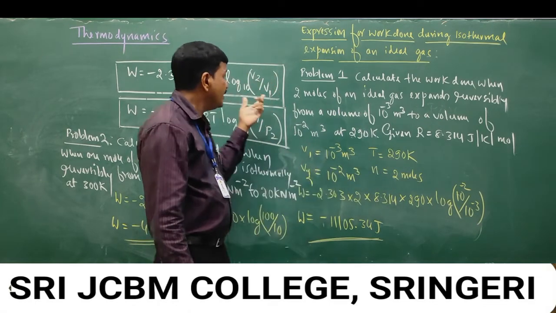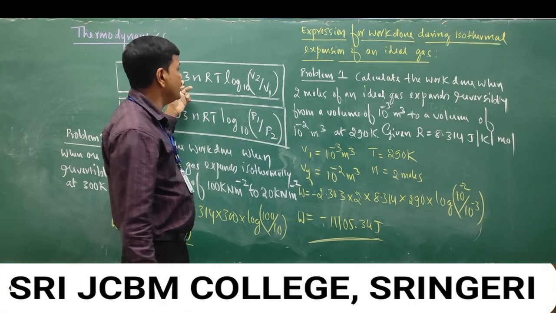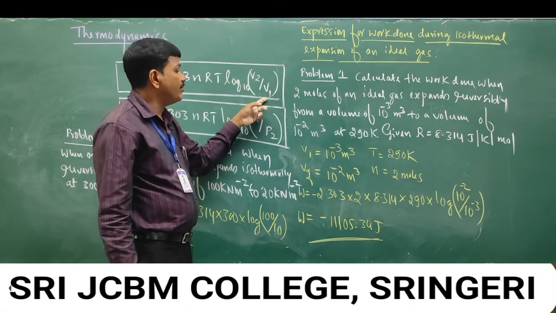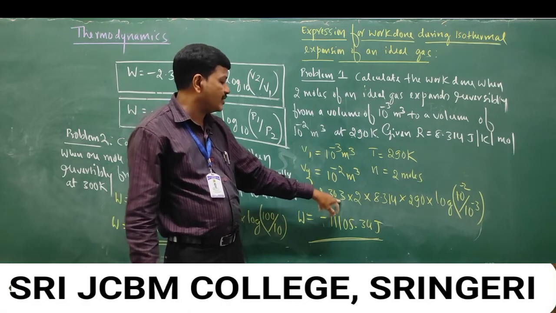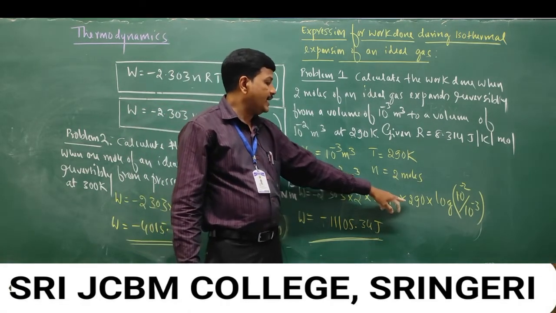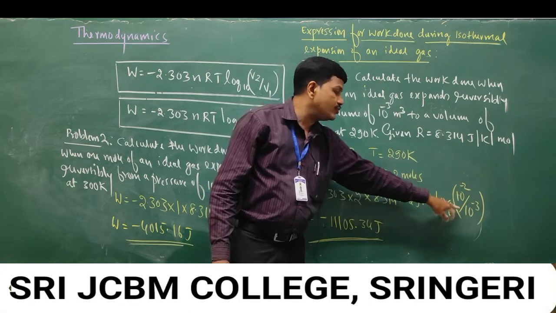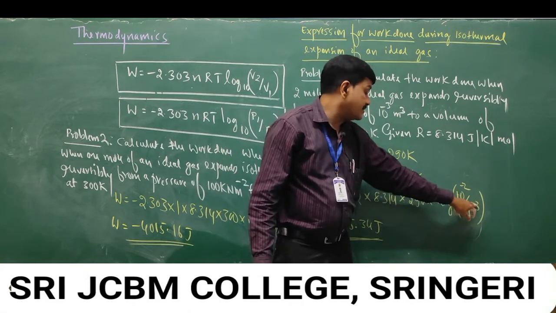Substituting these values in expression 1, W is equal to minus 2.303 into 2 into 8.314 into 290 into log of 10 to the power of minus 2 divided by 10 to the power of minus 3.